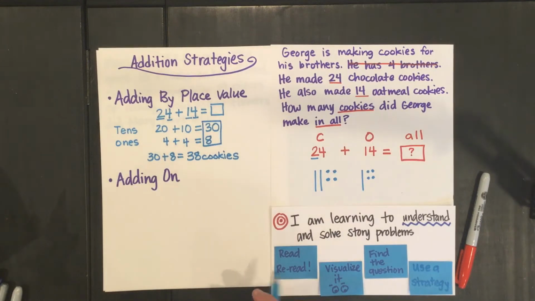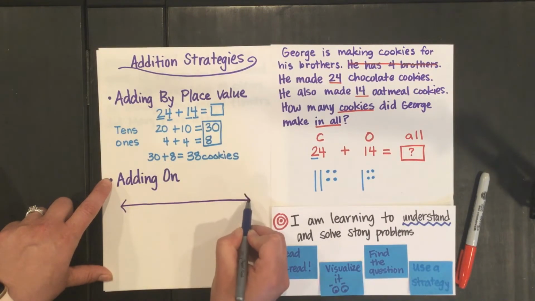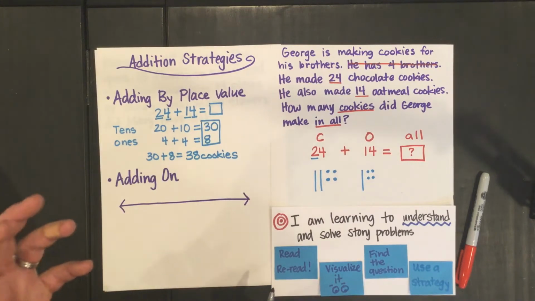Another way I can think about putting together George's 2 types of cookies is by using a tool in our classroom that we use often, and it is called the open number line. To solve this addition problem, if I use the strategy of adding on, I would keep one of the numbers that I'm adding as a whole number.